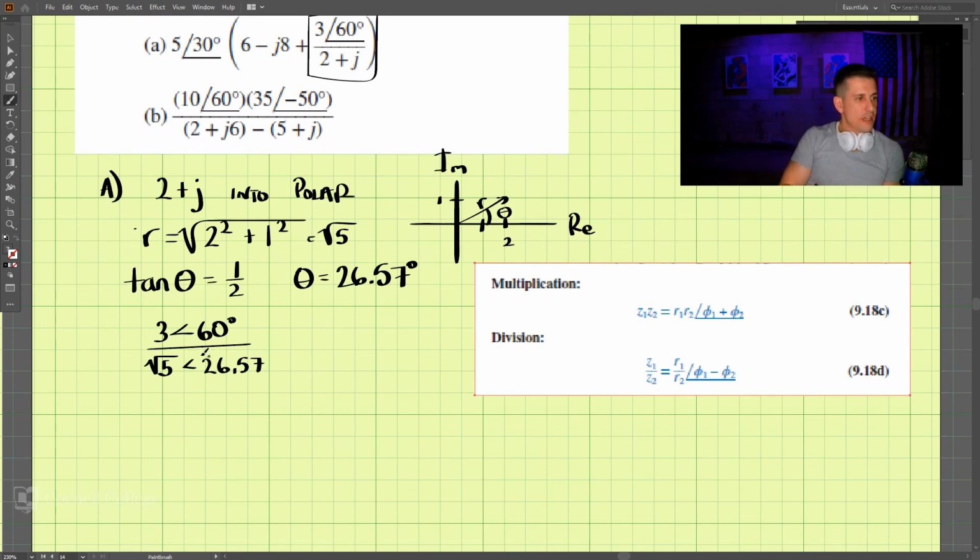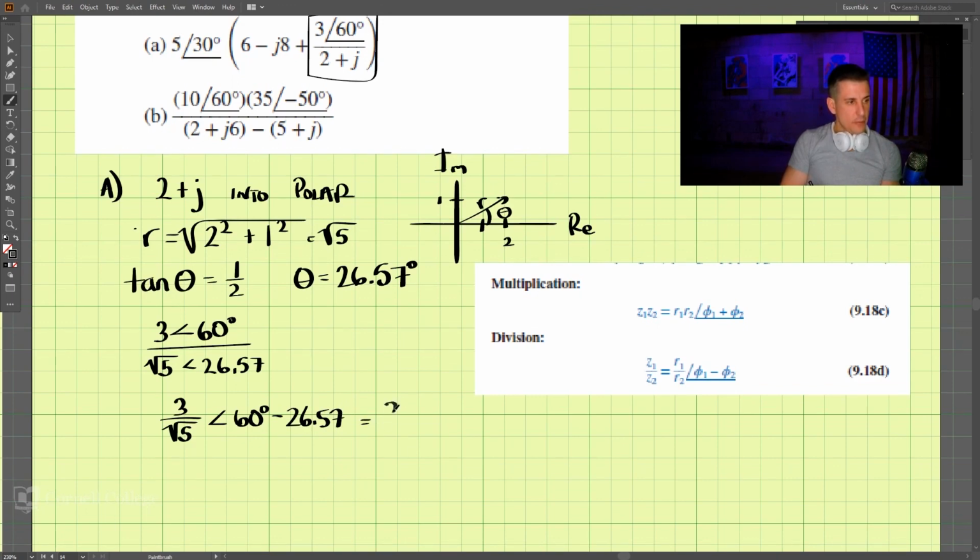So what we are doing is division here. So we have R1 divided by R2 at an angle of phi1 minus phi2. So that is 3 divided by the square root of 5 at an angle of 60 degrees minus 26.57.